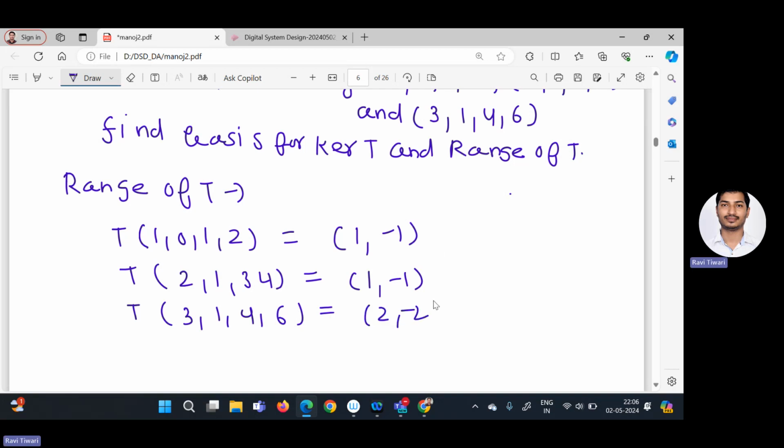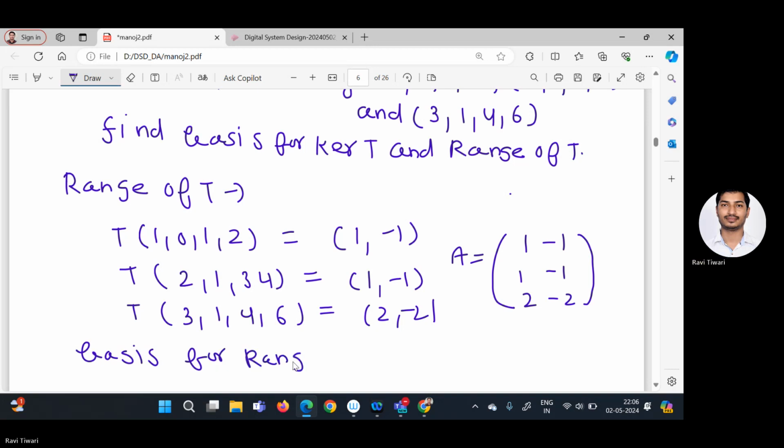Now we can form a matrix A with rows (1, -1), (1, -1), (2, -2), and convert this matrix into row echelon form. The basis for range T: you can see these three rows are similar, and by applying row operations, the second row can be made 0 and the third row can also be made 0.